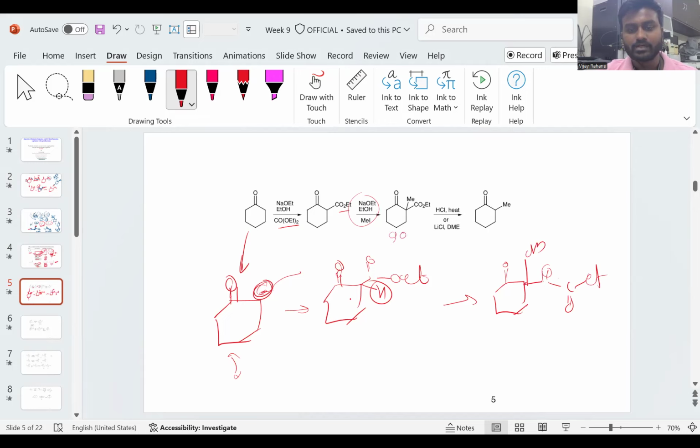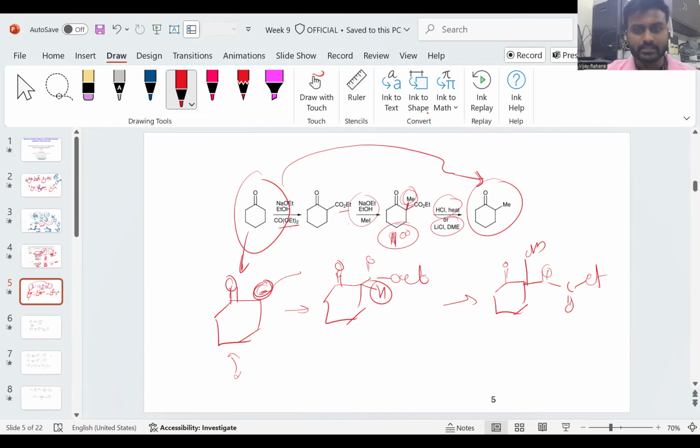This reaction works 100%, selectively at the carbon which is attached to the ester group, and further upon heating in acidic condition or with a salt like LiCl in DME solvent, it gives our product. So to convert this to this, you can see these many steps are involved. To get the selective monomethylation, we have to perform the first, second, and third steps. Then we will get only the monomethylated product selectively.